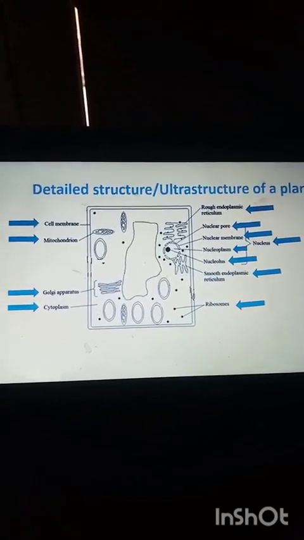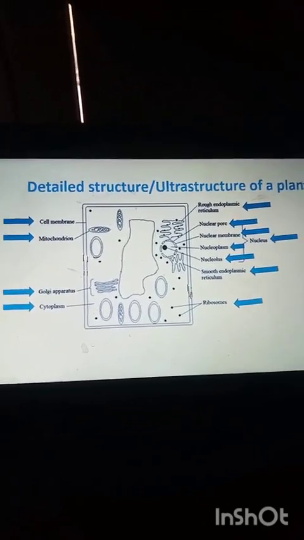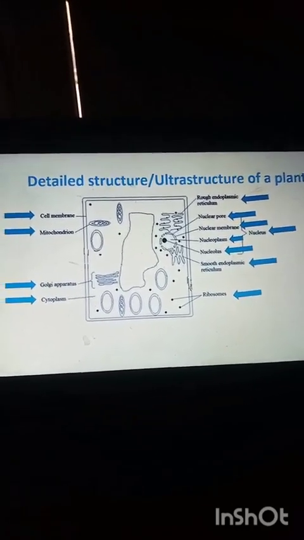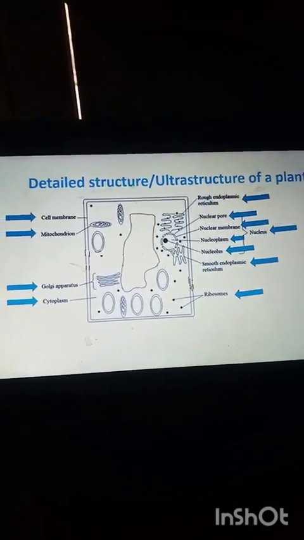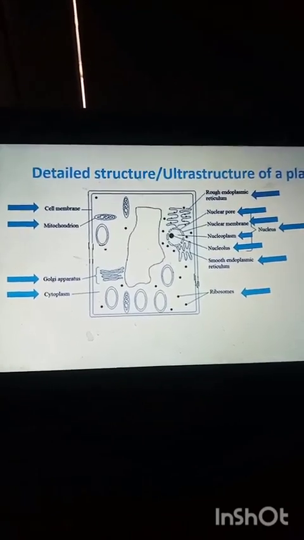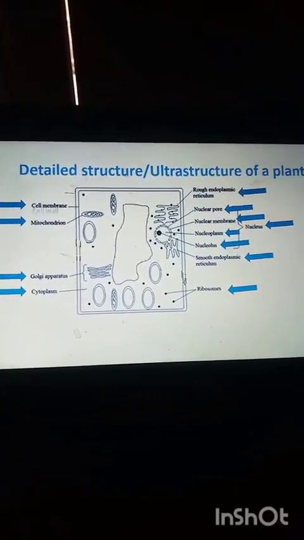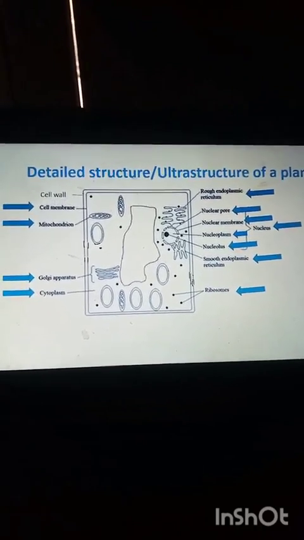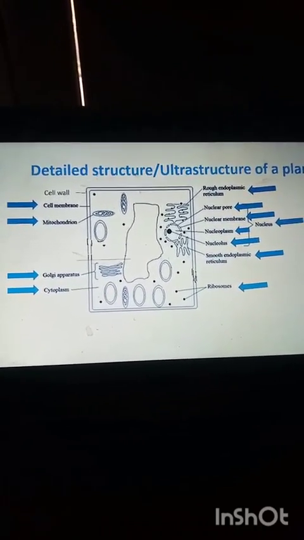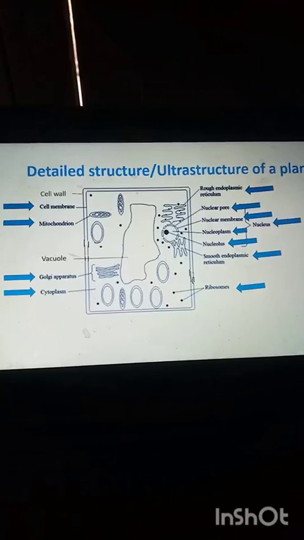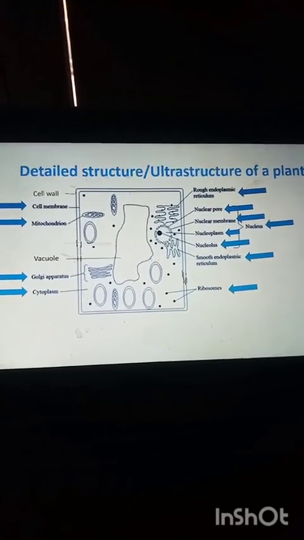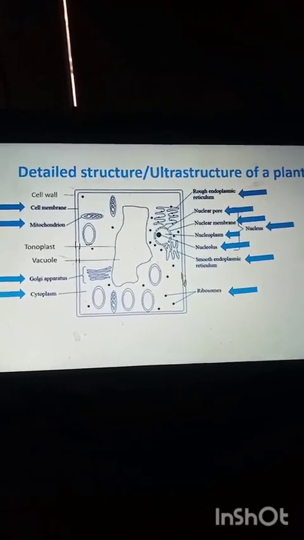But if you remember, we looked at the differences that exist between a plant cell and an animal cell. What is the difference? The difference, number one, is the cell wall. Number two, the presence of the vacuole. Number three, it is the tonoplast.